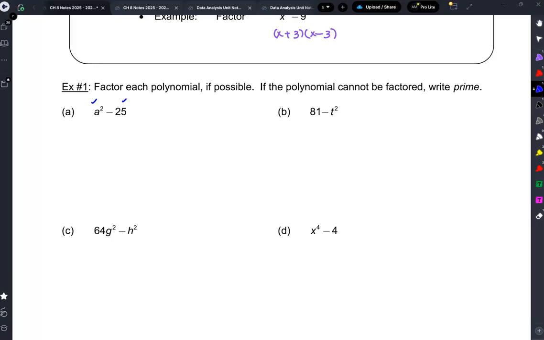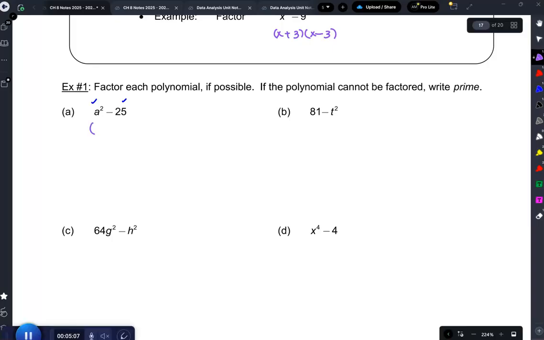Yes. So, here's what I do. Square root of a squared is a, square root of 25 is 5. 5 and 5, and then I just put plus minus. That's it. You see how easy it is? How cool is this? It's like the best factoring ever.